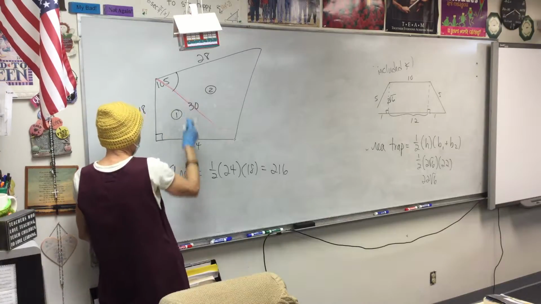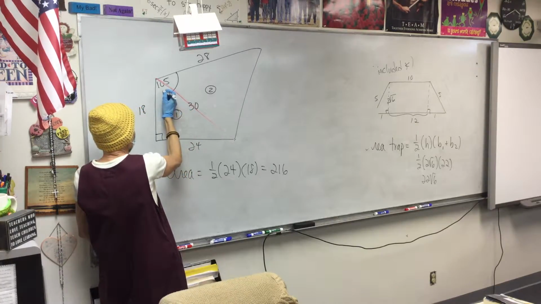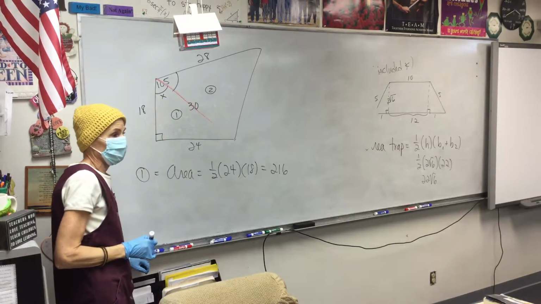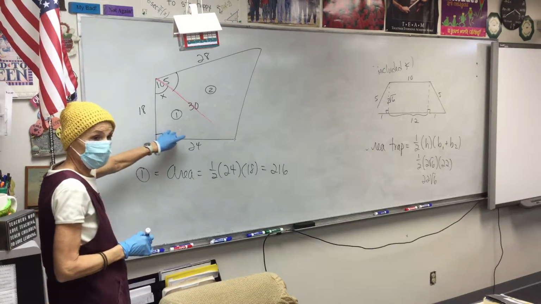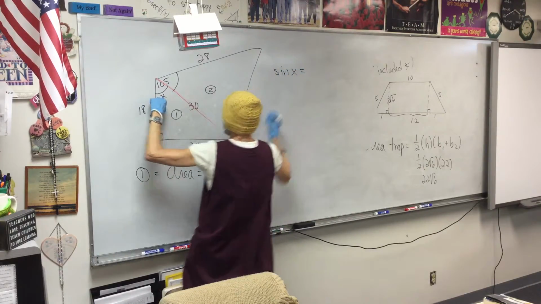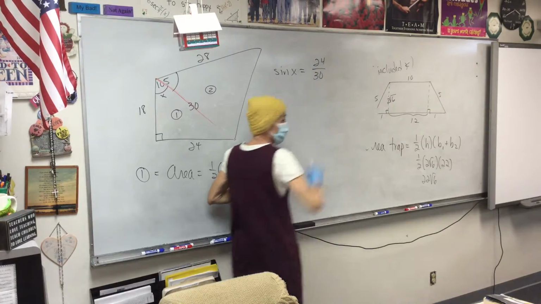Let's stick in our right triangle for a minute. And let me call this angle right here X. Grace is saying, we could do the law of sines, but since it's a right triangle, Grace is saying the sine of X equals 24 over 30. Now, is she correct?